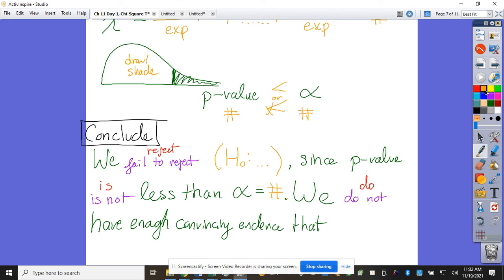And then what do I put there? So that way I'm not writing it specific to one or the other, with independence or homogeneity.